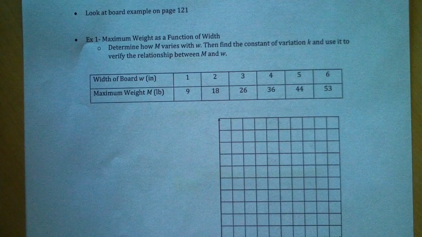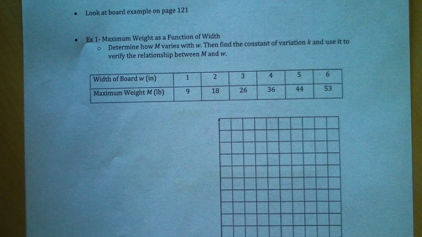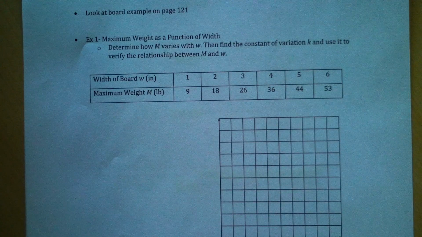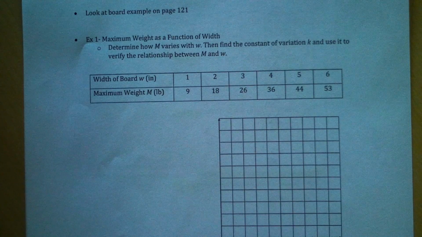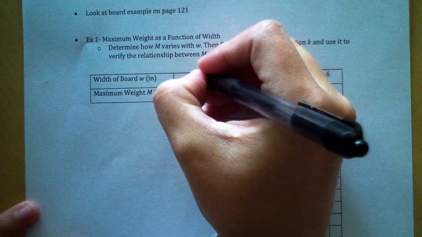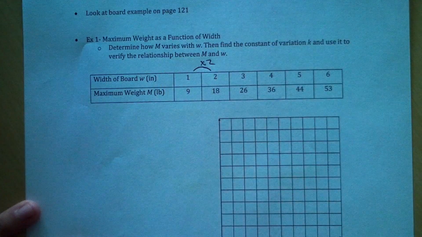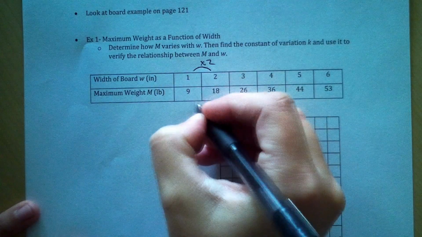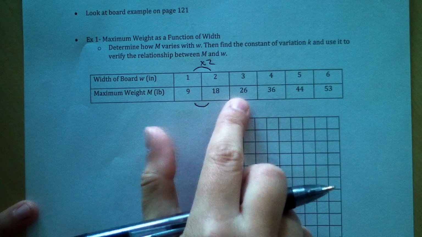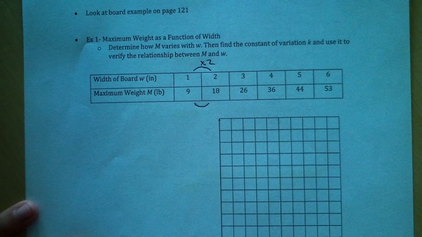Okay, so the first thing I would do there is look at two numbers that are doubling. So say I went from 1 to 2. Wouldn't that be times 2? Okay, so now I compare that with my y values for that. So what happens with my 9 to 18? What am I doing there? Times 2 as well, right? And I'm thinking there, okay, as my x value increases, what happens to my y value?